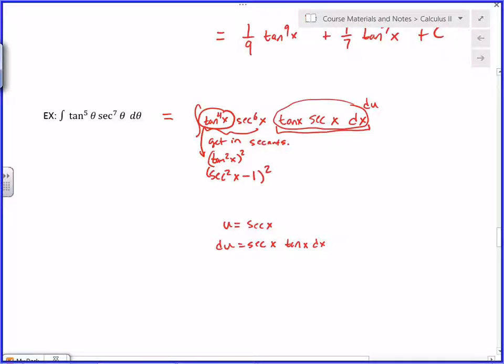So that is equal to the integral of secant squared x minus 1, quantity squared, times the secant to the 6th x, times the tangent of x secant of x dx. And again, I've got this whole thing here. That's my du. And now this becomes u squared minus 1 squared times u to the 6th.